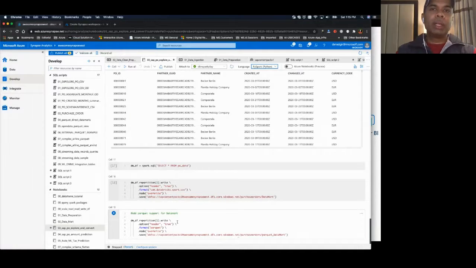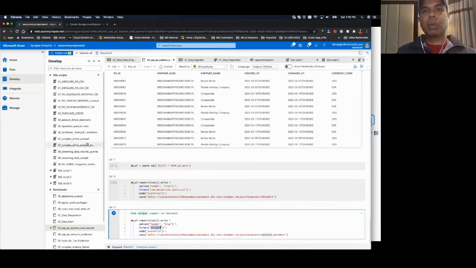So what I'm trying to show over here is, I'm writing a very simple partition, writing into my storage back in Parquet_data mart in a format called Parquet. Which essentially translates into, I now have my SAP data stored as a set of Parquet tables that I can define using a very simple format, right?